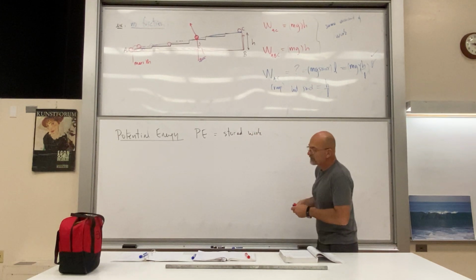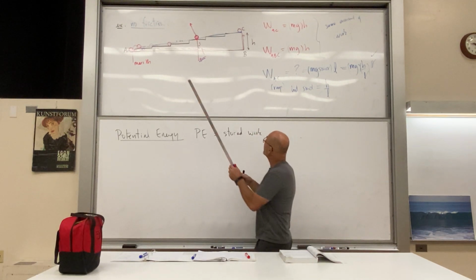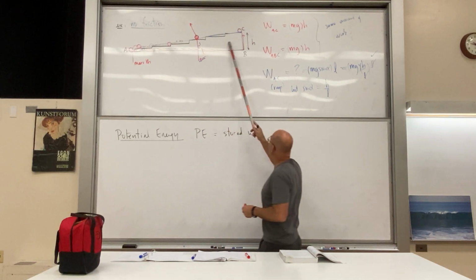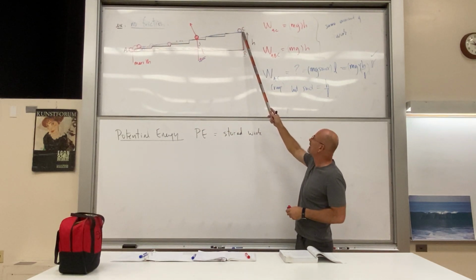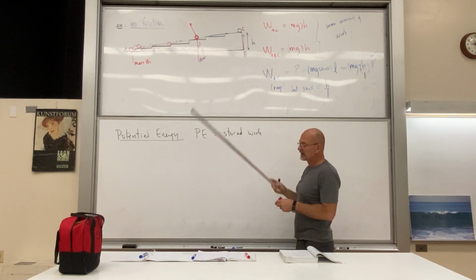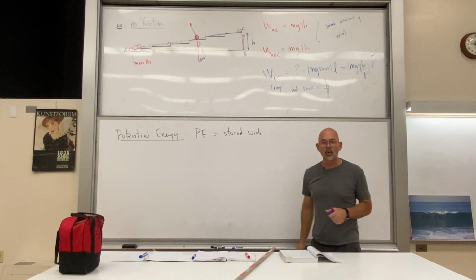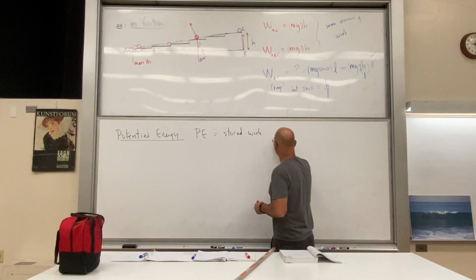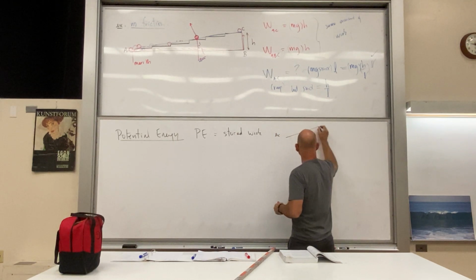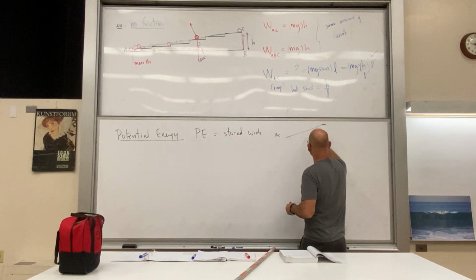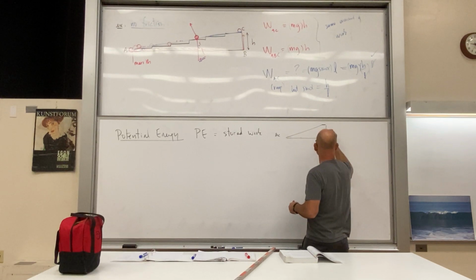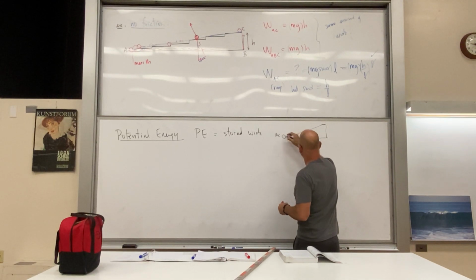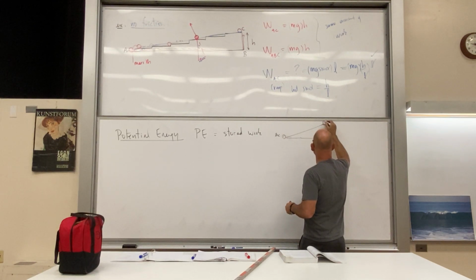And I can refer to my picture again. If I rolled this thing up to the top of the ramp and just leave it there on level ground, I can actually claim to have stored that work. So my example is again rolling something up the ramp and leaving it on a shelf here. Started at the bottom, took it to the top.